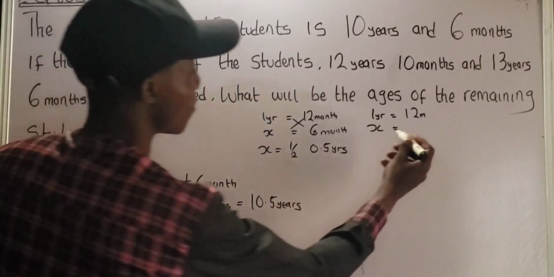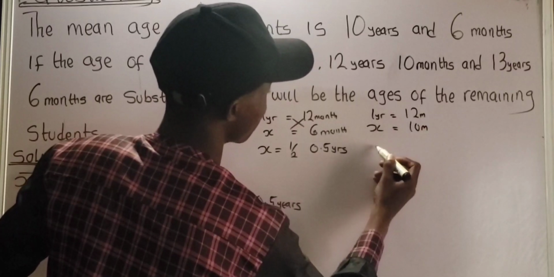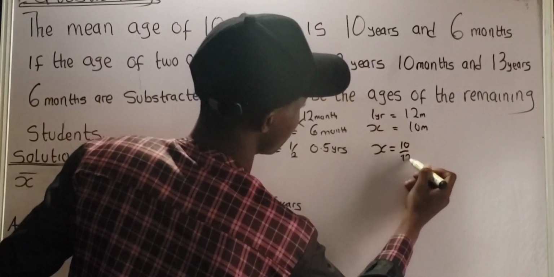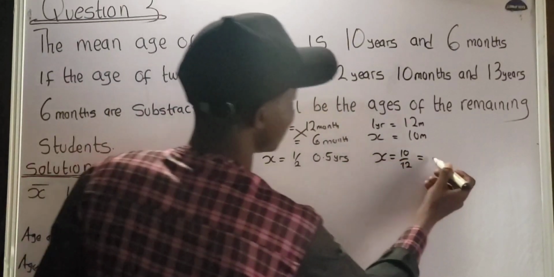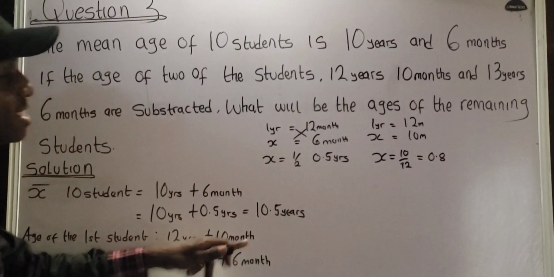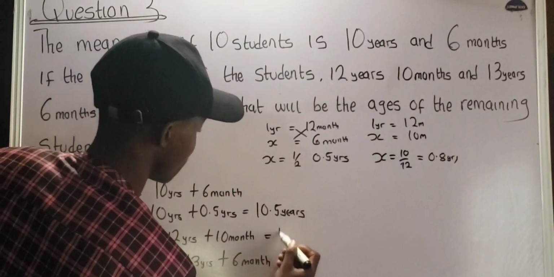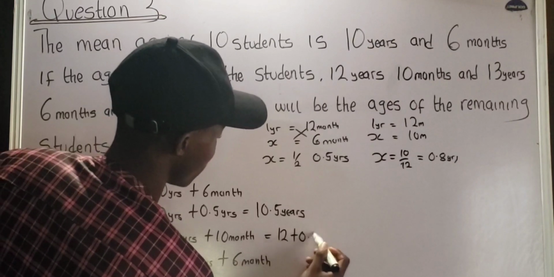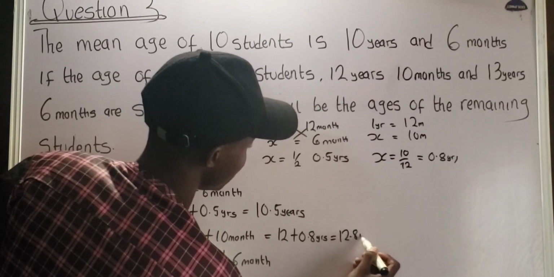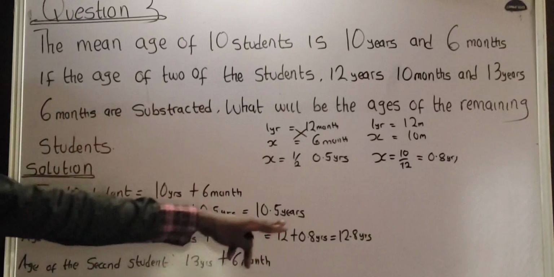If you cross multiply, X equals 10 over 12. 10 divided by 12 is 0.8. So 10 months in years is 0.8 years. So I'm going to have 12 plus 0.8 years, which is 12.8 years. So the age of the first student among the 10 students is 12.8 years.